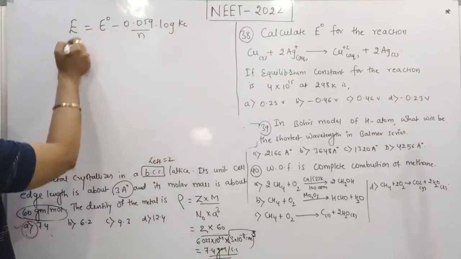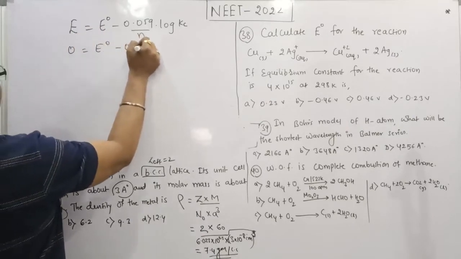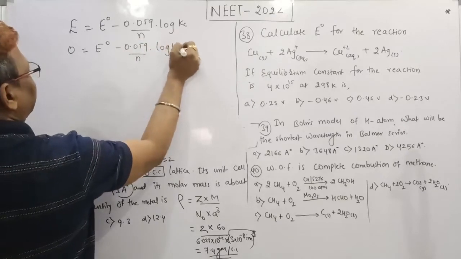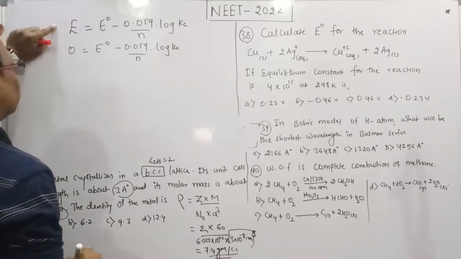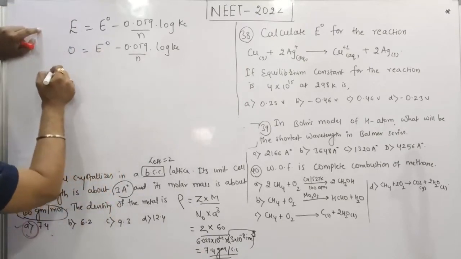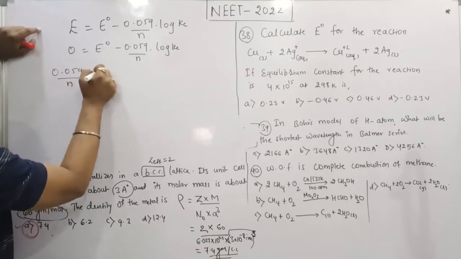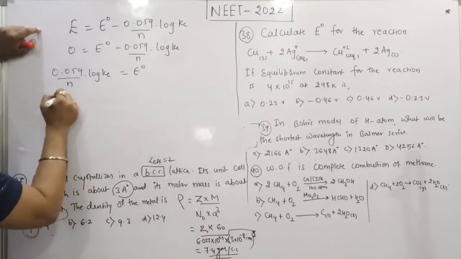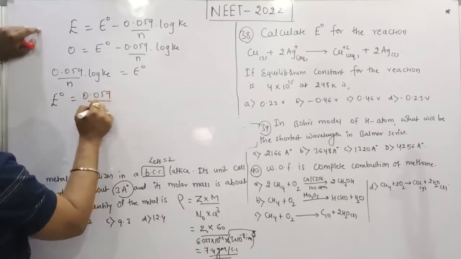For equilibrium, beta, E value becomes 0. So we can say E naught minus 0.059 by n into log Kc. At equilibrium, E value becomes 0. So we can write, now these terms will come here: 0.059 by n into log of Kc equal to E naught. That means E naught equal to 0.059 by n.